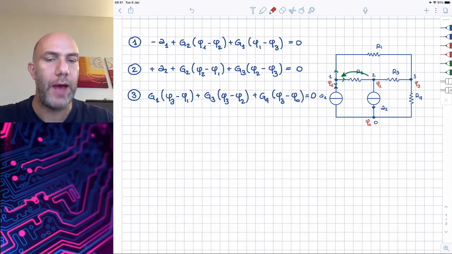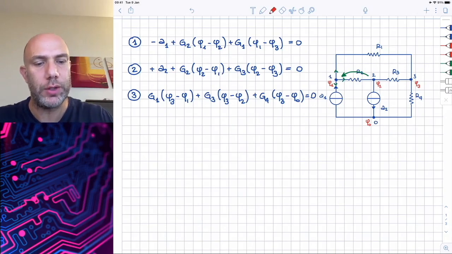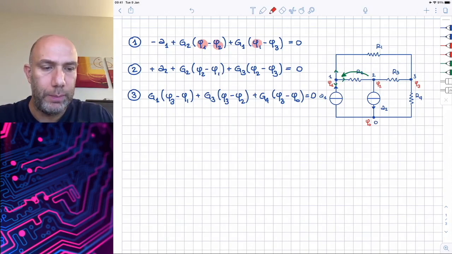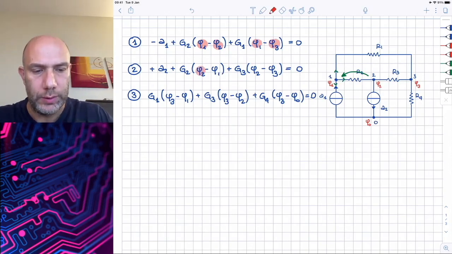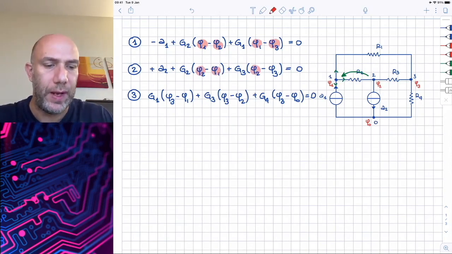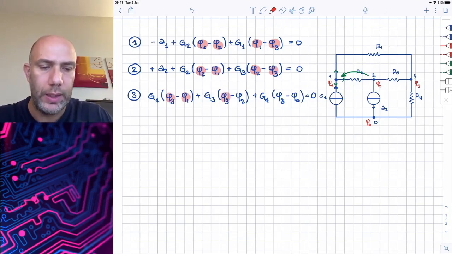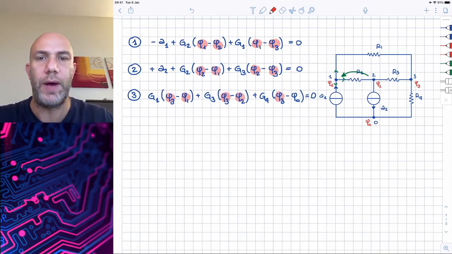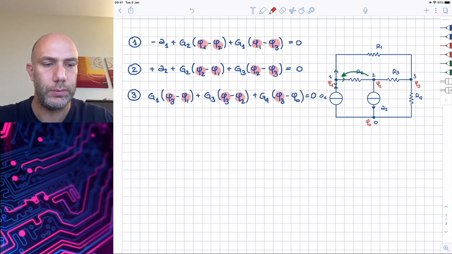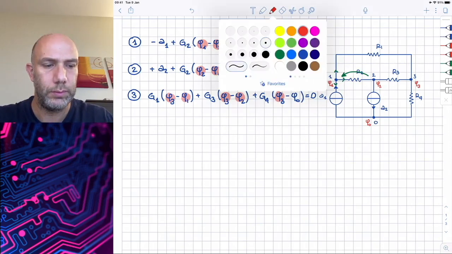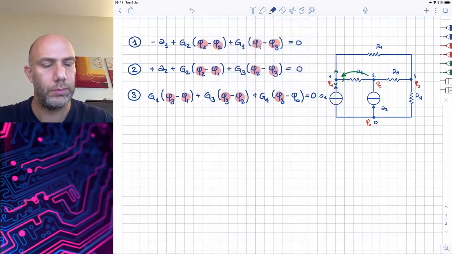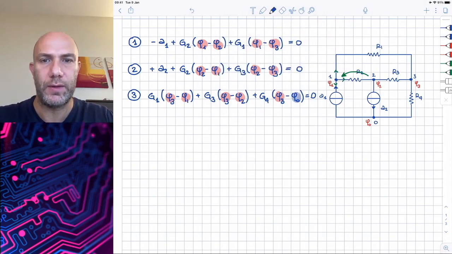As you can see, we have written here three equations where we have the potentials as unknowns. So the unknowns are phi 1, phi 2, and phi 3. Actually, in these equations we also have the value of phi 0, but phi 0 has a fixed value.